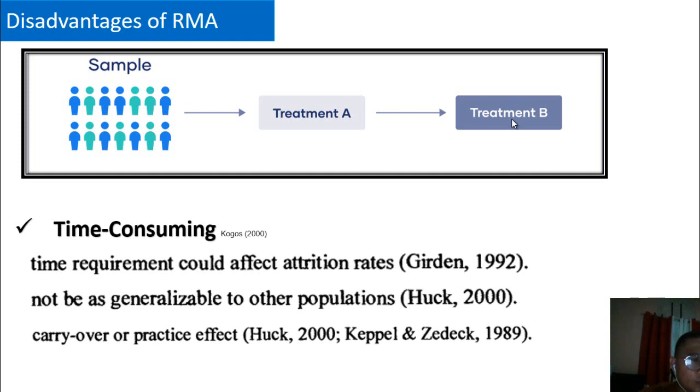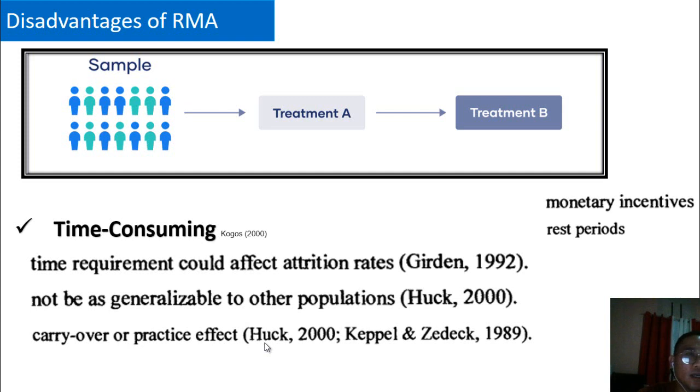So what we're going to do to minimize or to lessen this one? So the first is, sa attrition rates, of course, para maging motivated sila to undergo the experiment, we have some monetary incentives, or it could be a gift, that depends on what you're capable of. Para naman hindi sila ma-stress, we need to have the rest periods.